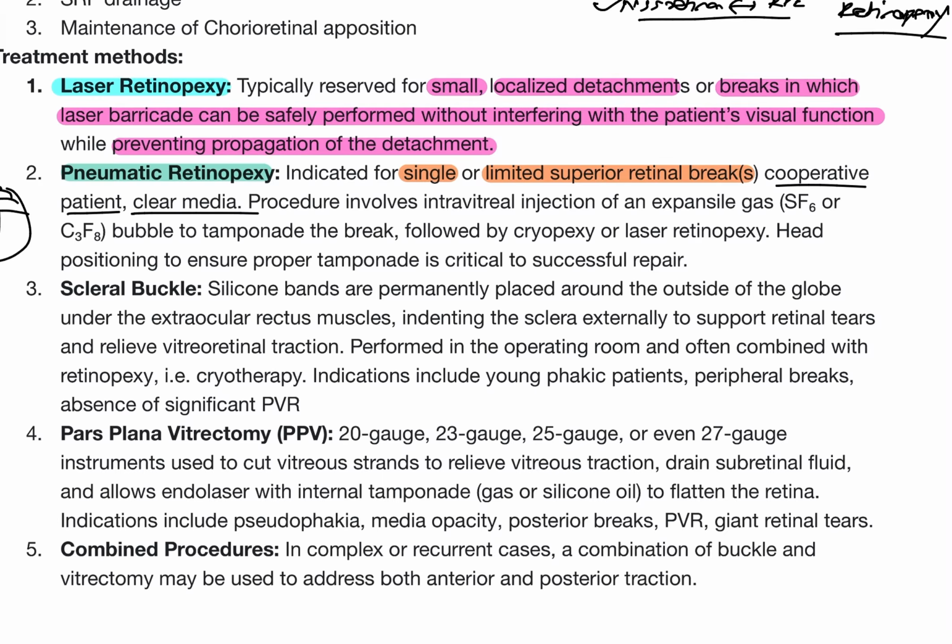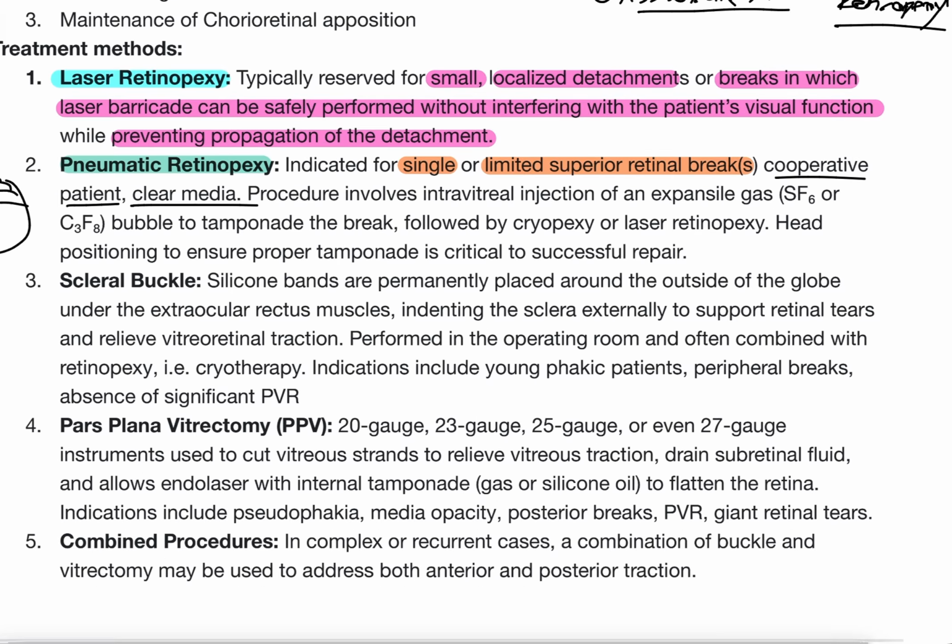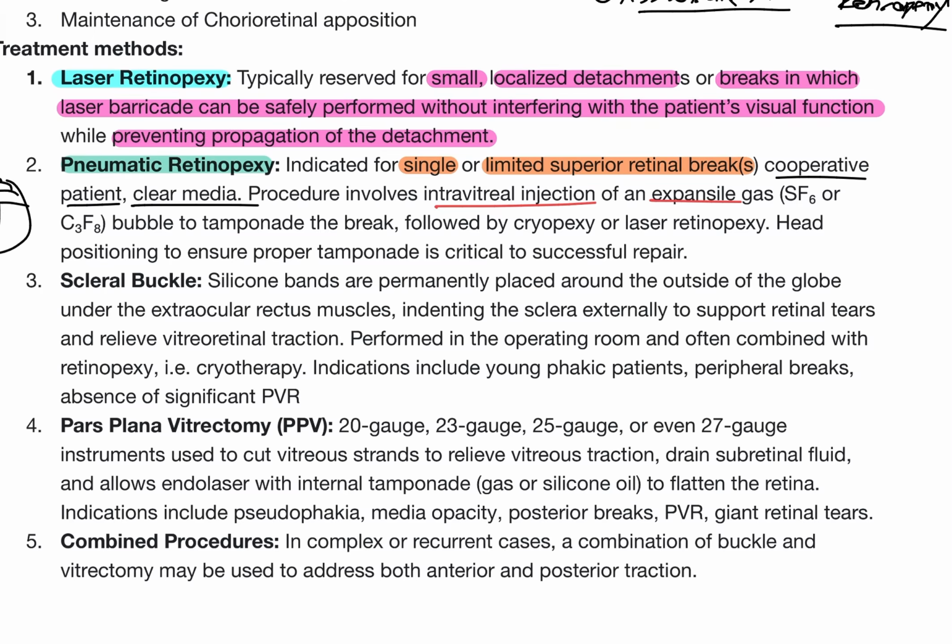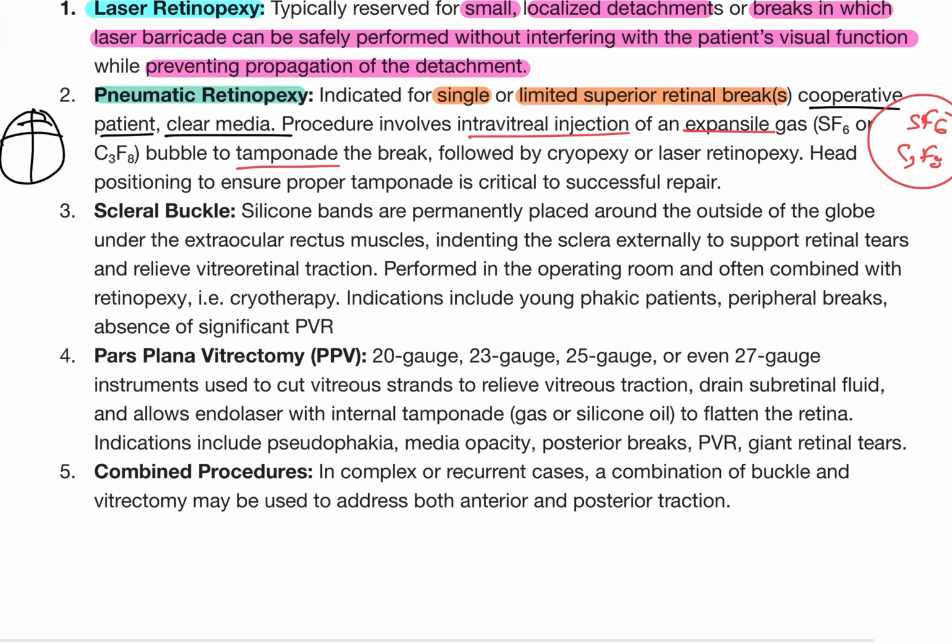The procedure involves intravitreal injection of an expansile gas, either SF6 or C3F8. This will act as a tamponade, and this tamponade will lead to some pressure buildup, and that will lead to attachment of your neurosensory retina.